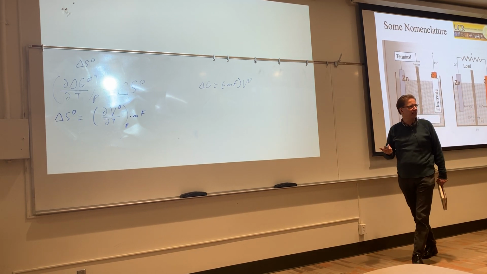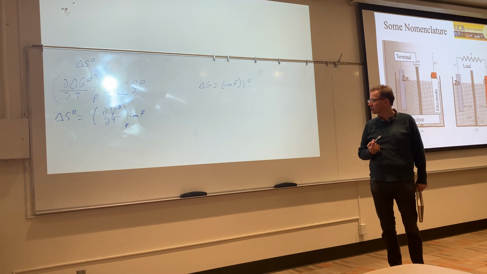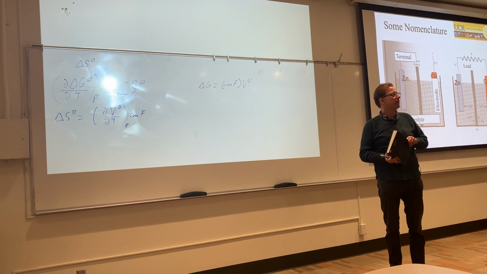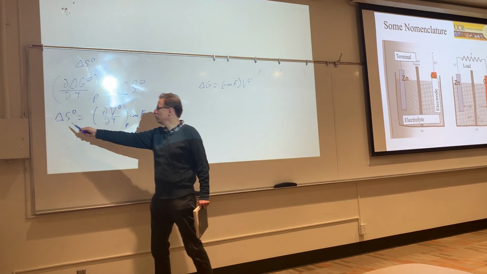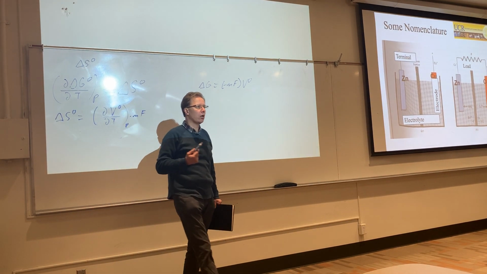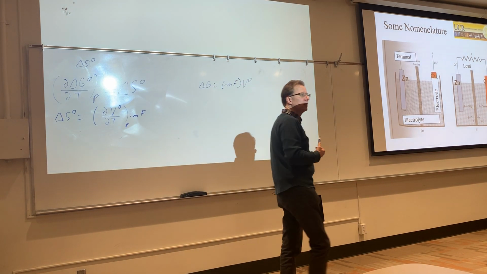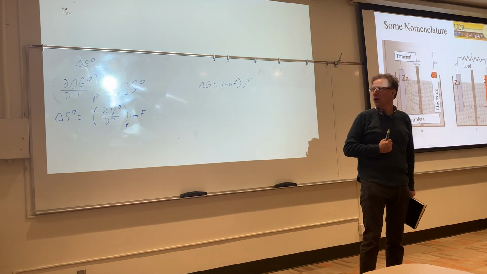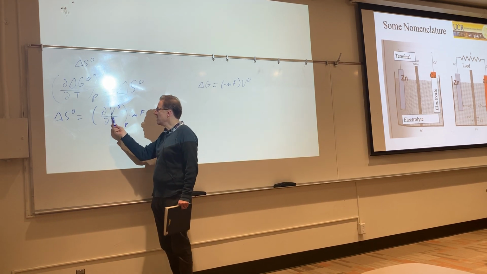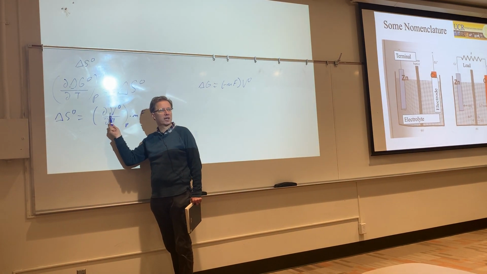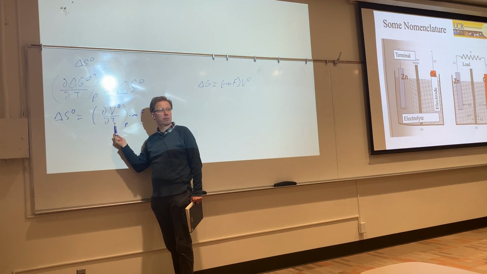Is there more or less entropy as a consequence of that? Then what we can find is this change in entropy associated with the reaction of dissolving the zinc and taking the copper out of solution, that is given by the slope. How does the voltage of that cell change with temperature?